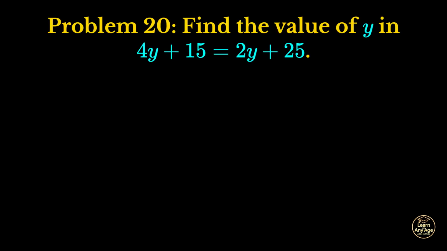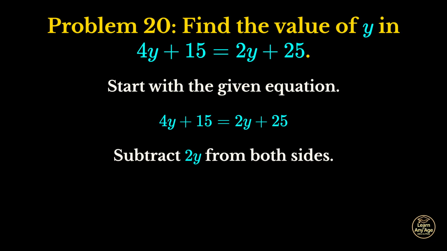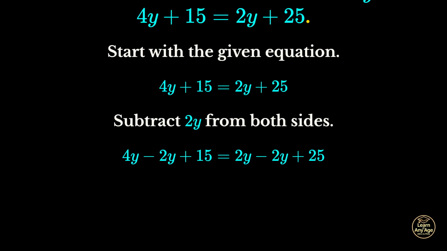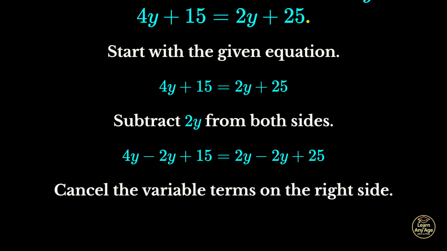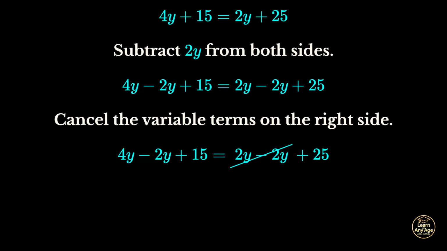Problem 20. Find the value of y in 4y plus 15 equals 2y plus 25. Start with the given equation. Subtract 2y from both sides. 4y minus 2y plus 15 equals 2y minus 2y plus 25. Cancel the variable terms on the right side.